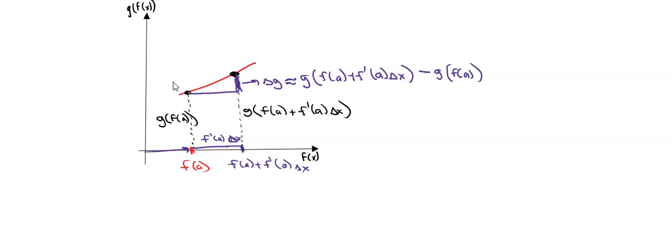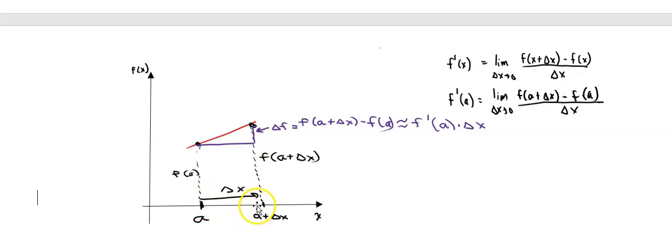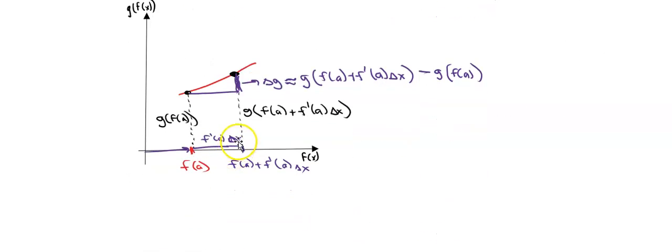Now, again, it's a mouthful, but it's the same patterning that we saw up here. f of a plus delta x minus f of a gives us that change in f right here. Now, it's g of f of a plus f prime of a times delta x minus g of f of a. Gives us at least an approximation for that change in g.